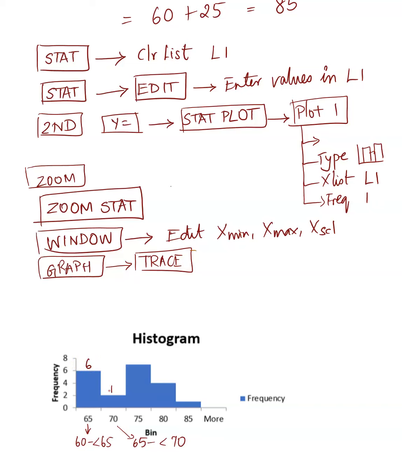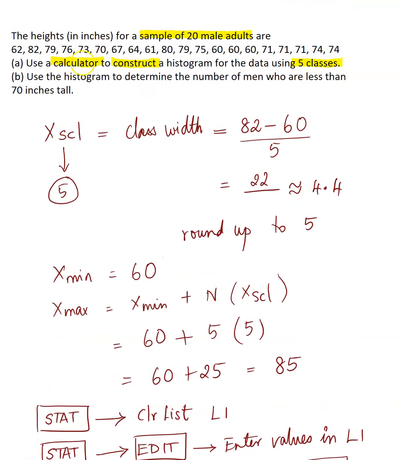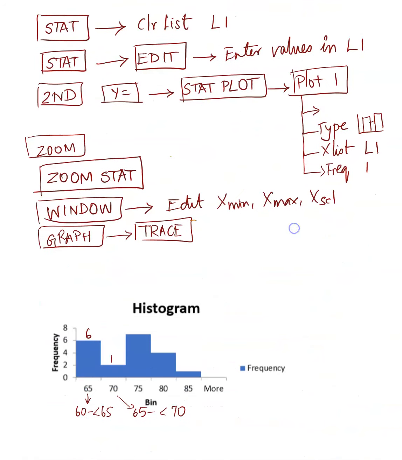Okay. Now to answer the second part, use the histogram to determine the number of men who are less than 70 inches tall. If you come back here, less than 70 inches would be this and this, right? Together, because less than 70 is all of this entire thing. So it has to be 6 plus 1, which is 7.